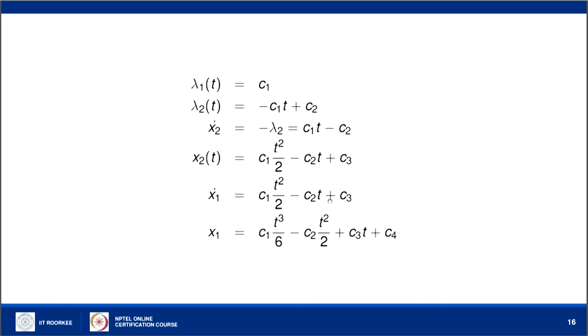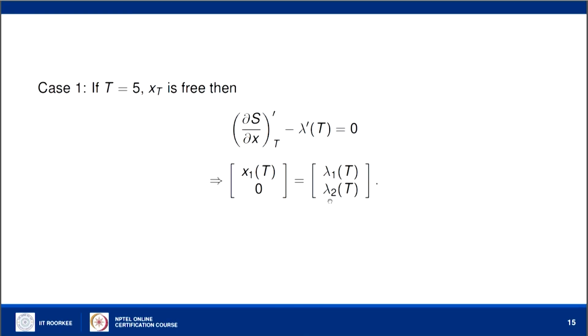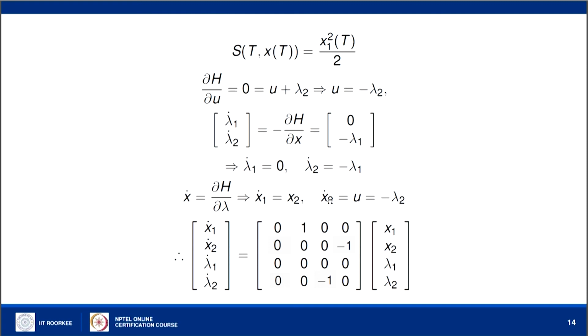The solution can be easily obtained directly here, because lambda 1 dot equal to 0 implies that lambda 1 is a constant, and when we substitute that constant here, lambda 2 dot is minus the constant. So, when we integrate, we will get lambda 2 is minus constant into t plus some other constant C2.